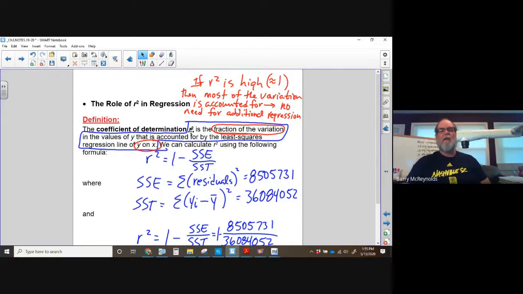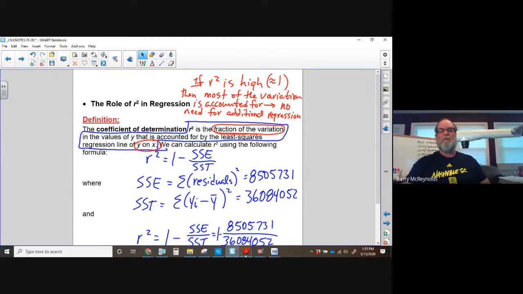In other words, if R-squared is high, then most of the variation is accounted for by the regression that we did. No other additional regression is needed. But if R-squared is low, close to 0, then there are other variables that might account for variation that we see in the values.